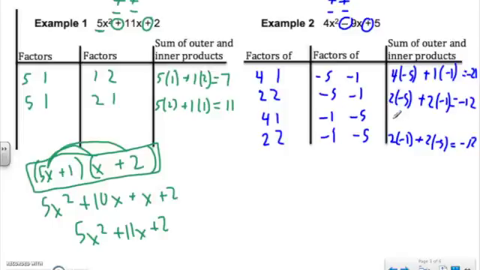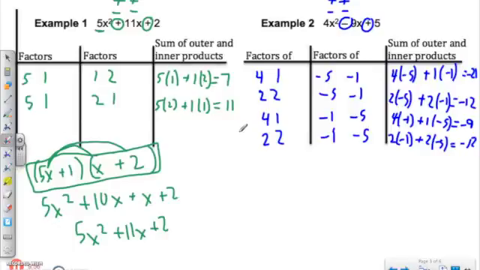So if I do 4 times negative 1 plus 1 times negative 5, 4 times negative 1 is negative 4, 1 times negative 5 is negative 5, that's going to give me a negative 9, which is exactly what I'm looking for. So I know that this is going to be my set of factors that I want to use.